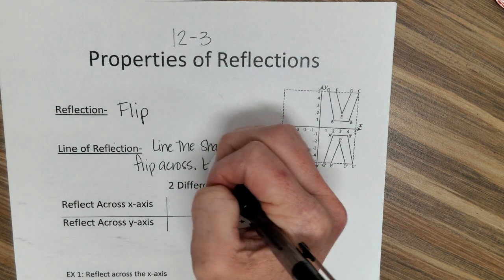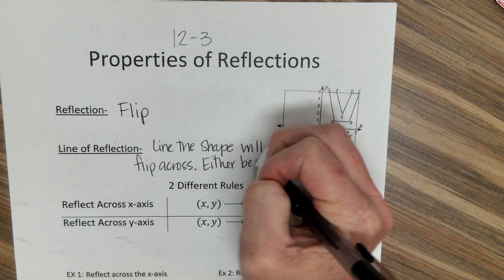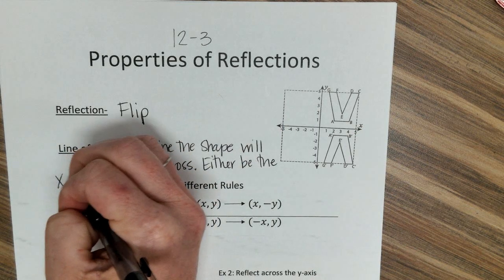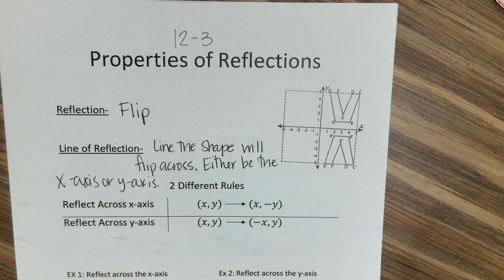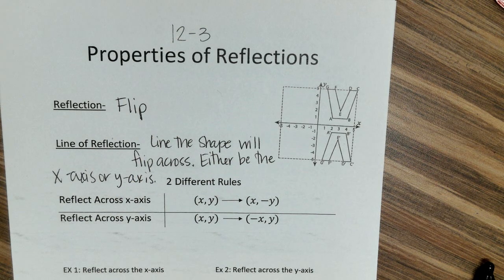It will either be the x-axis or y-axis. The line of reflection is the line the shape will flip across. In my class, it will either be the x-axis or y-axis.